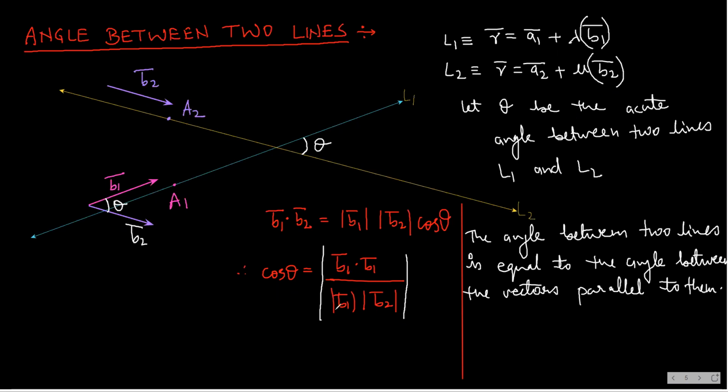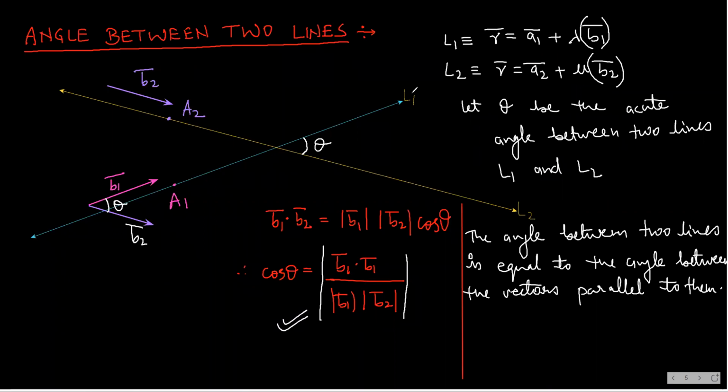And sometimes, instead of giving the vectors parallel to the lines, they can only give us the DRS of the lines. Remember students, if they give us the DRS of the lines, then also the same formula will work.